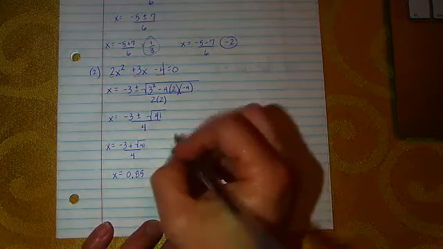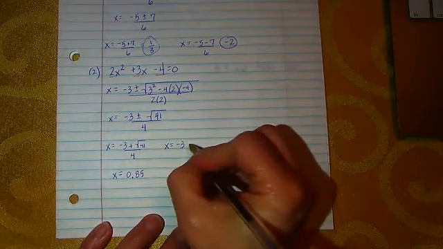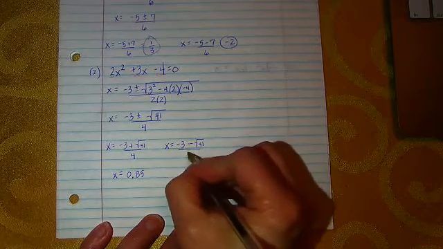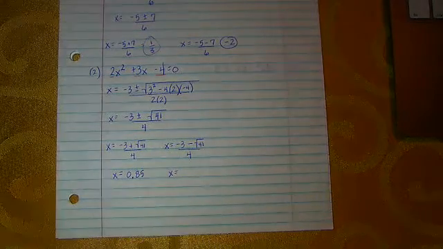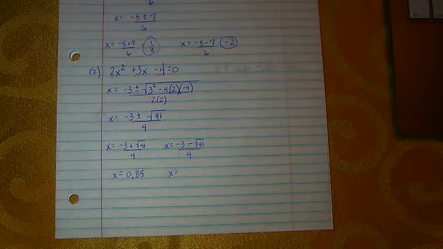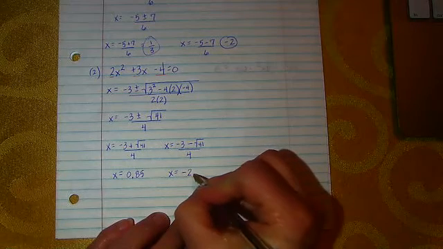To find the other one, we could do the same thing. We have a negative 3. This time we're going to subtract the square root of 41, and again we'll divide that all by 4. Enter in your negative 3 minus the square root of 41, make sure you hit the equal button first, and then divide by 4. This time I have negative 2.